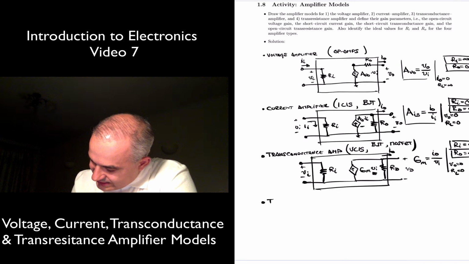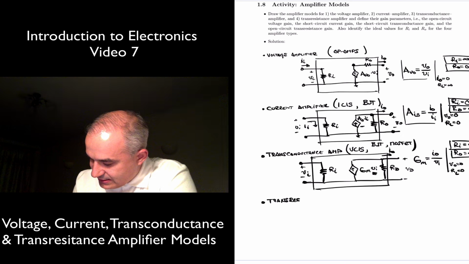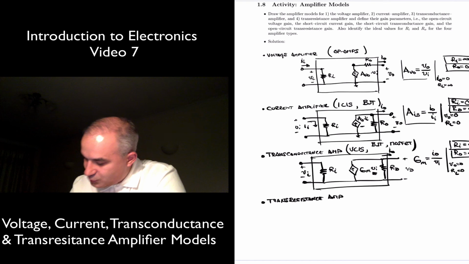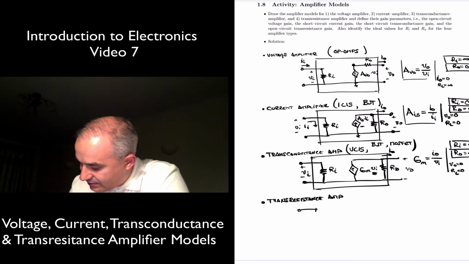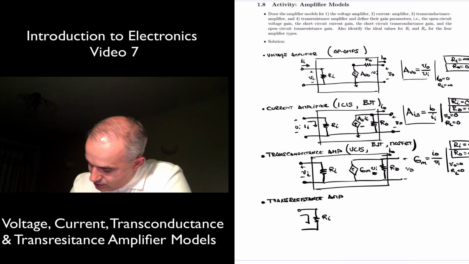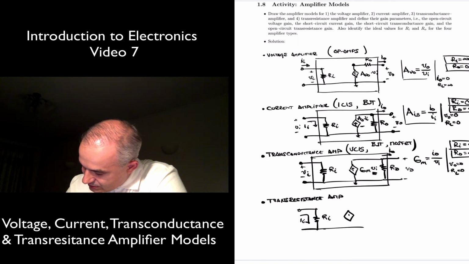Last one, the transresistance amplifier. Okay, so in this case, we sense a current at the input, Ii, and what we produce at the output is a voltage.